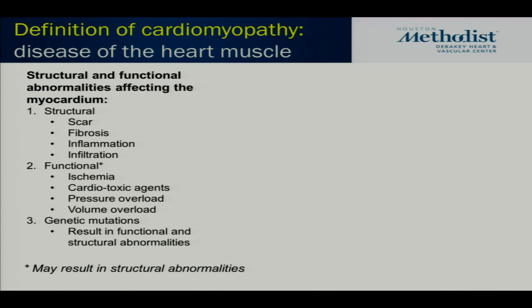From a functional point of view, there may be ischemia. There may be ischemia due to coronary artery disease, but there may also be ischemia due to malfunctioning of the microvasculature. Frequently, you have cardiomyopathies caused by cardiotoxic agents, and there's a whole gamut of interest in the whole field of oncology. We had grand rounds last month on that topic.